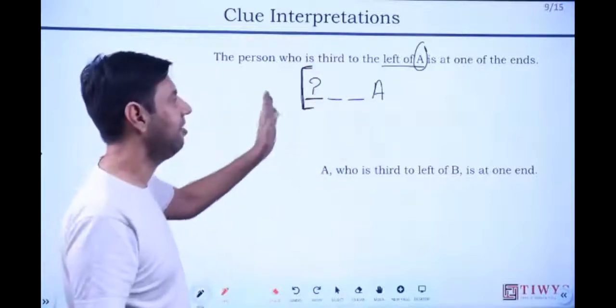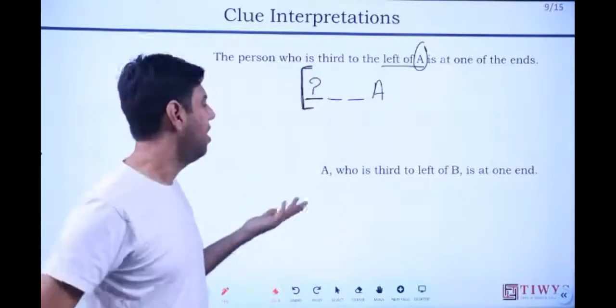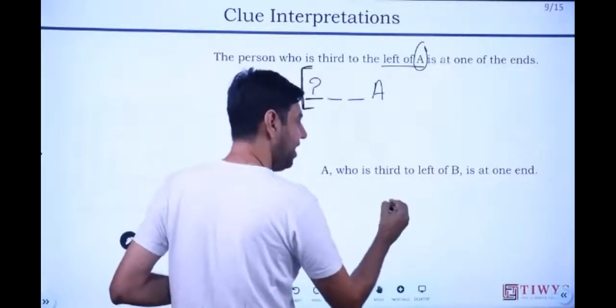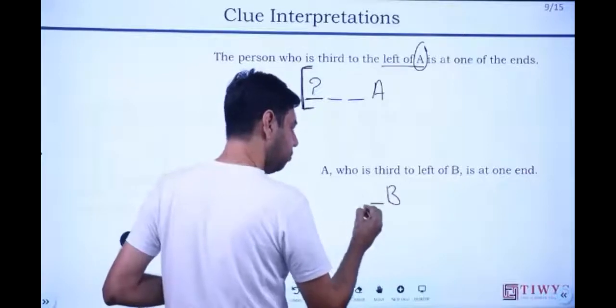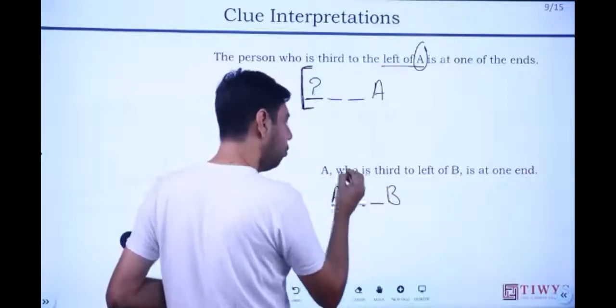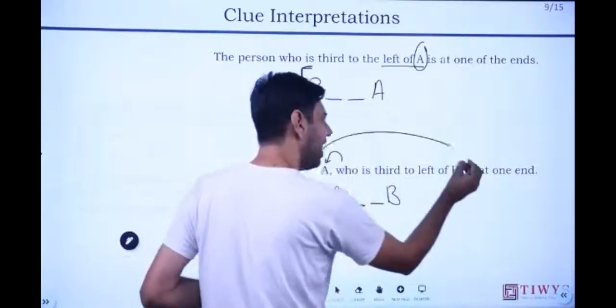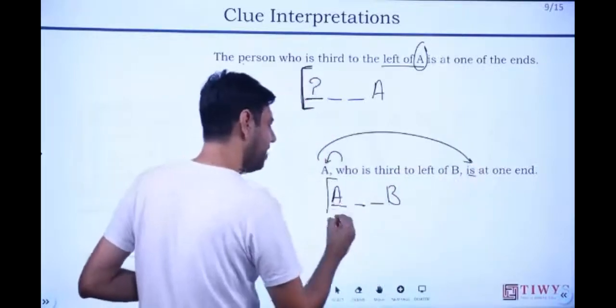Third on the left of it is at one of the ends, right? Okay, A who is third to the left of B, B है left 1 2 3, A जो है who, ये who कौन है? A is, ये is भी A के साथ ही चल रहा है, is at one end, तो A is at one end.